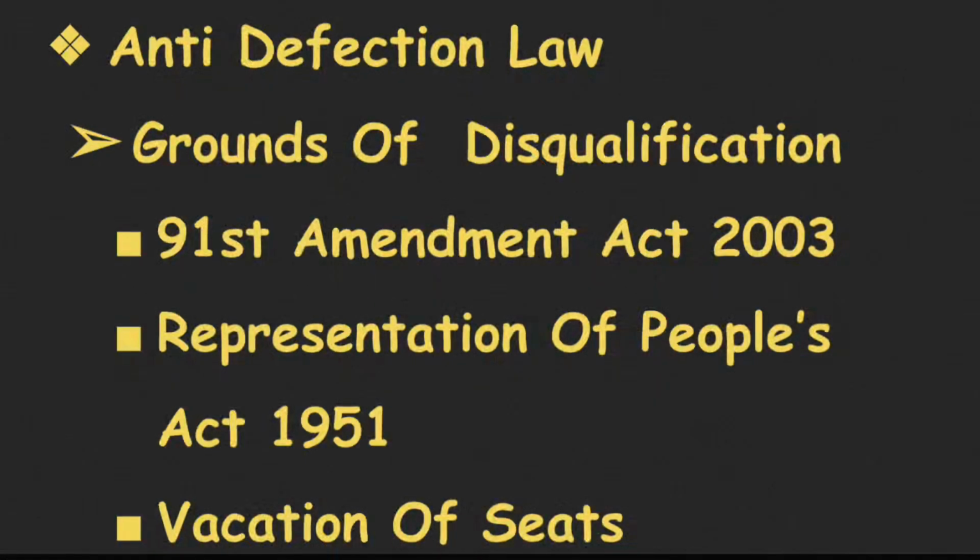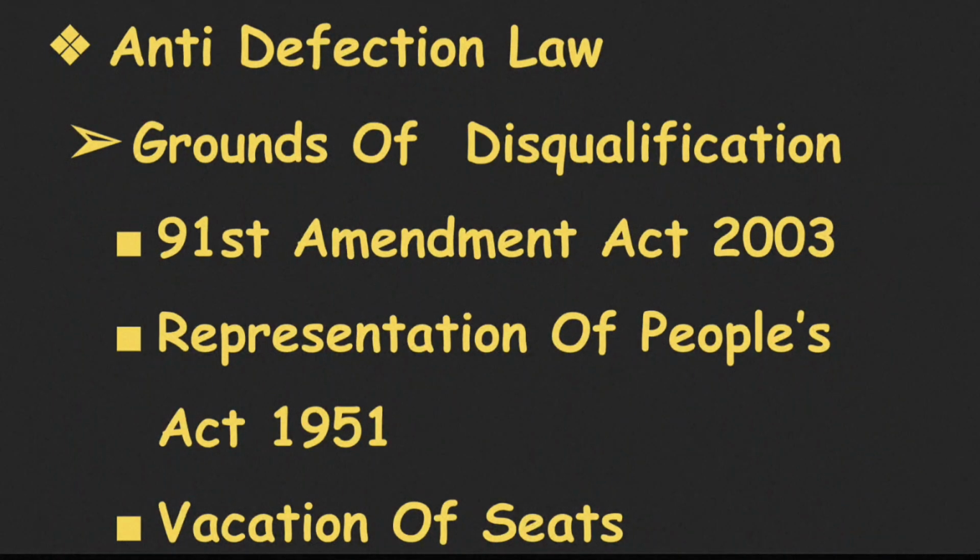First, if a legislator resigns from his or her political party. Second, if an independent legislator joins any political party. And third, if a nominated member joins any political party after 6 months of his or her nomination.